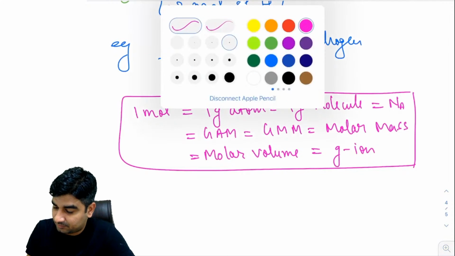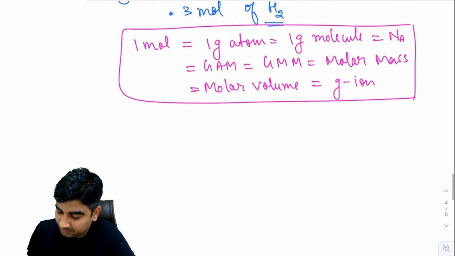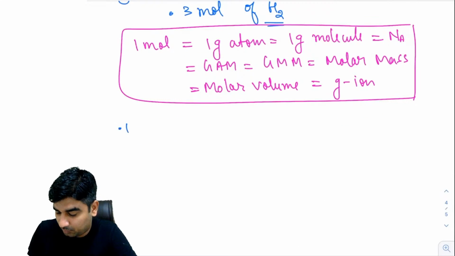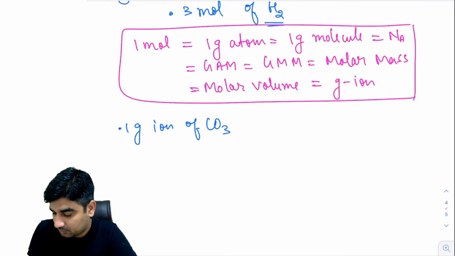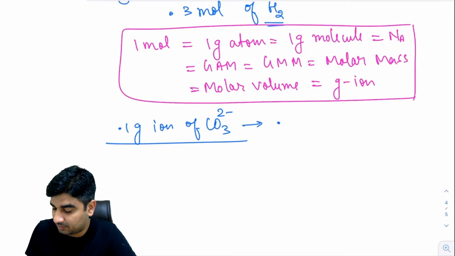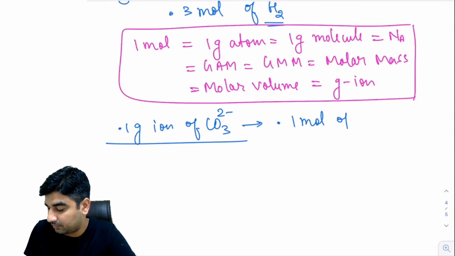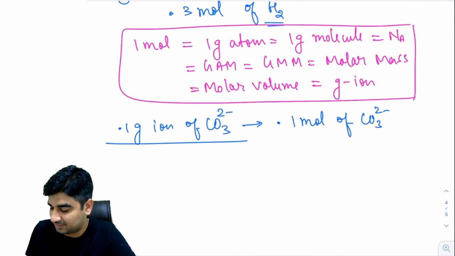If I'm writing 0.1 gram ion of CO3 2 minus, it means 0.1 mole of CO3 2 minus.